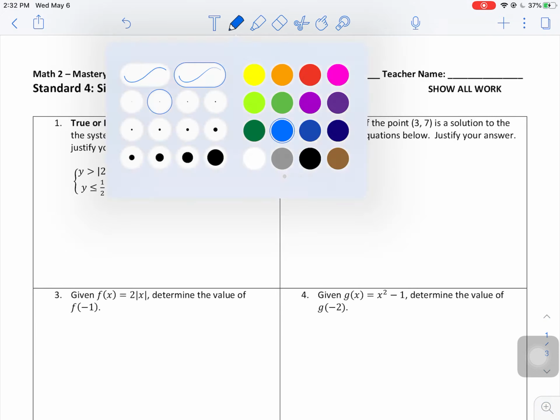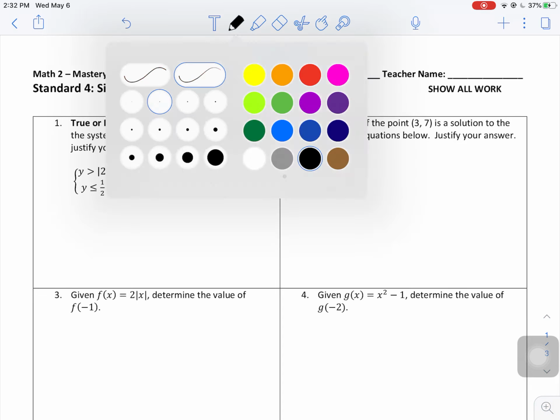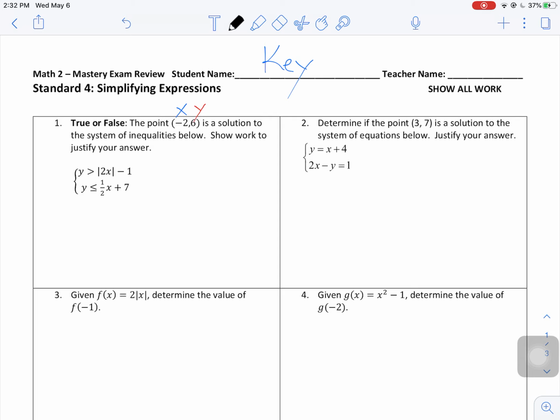So your x value is -2 and your y value is 6. So you're going to plug in -2 wherever you see x in the two inequalities below, and you're going to plug in 6 wherever you see a y. So it'll look like this. 6 is greater than the absolute value of 2 times -2 minus 1.